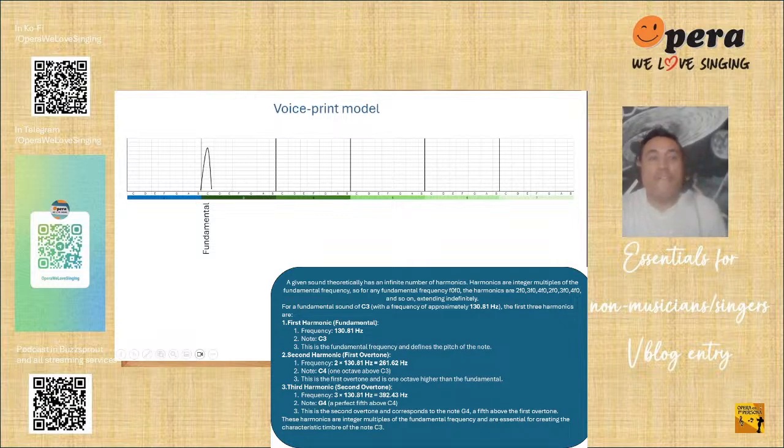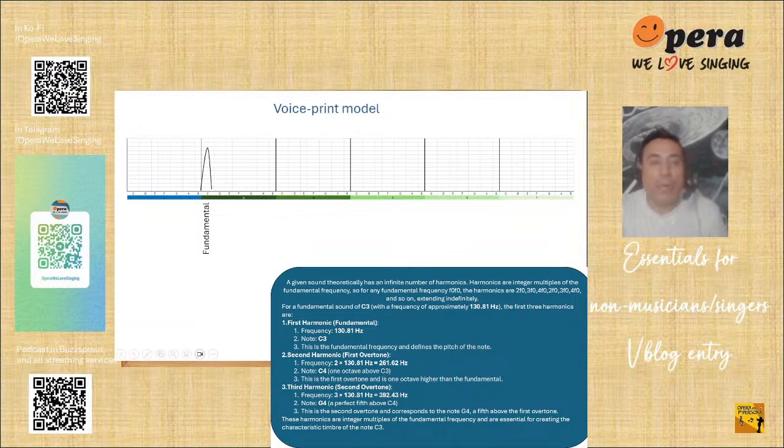When you speak of a Do or a Si, you're speaking of the frequency of that wave. When we say the Si bemol of the tenor, the high C of the tenor, the E flat of Maria Callas, and so on, we are speaking of the fundamental wave. Keep that in mind.